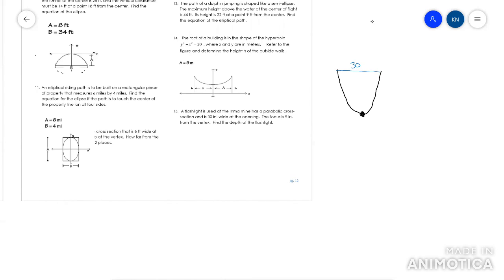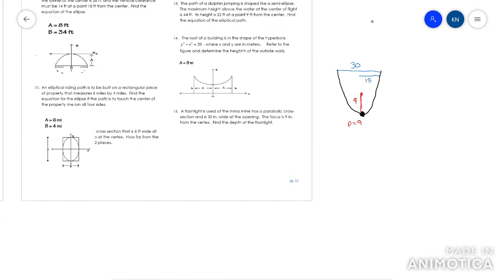All right. So what that blue tells you is this is 15 from center. And then they also give you the focus, which is 9 inches from the vertex. So we know this red amount is 9. Well, that's your p-value because it's from your vertex to your focus.